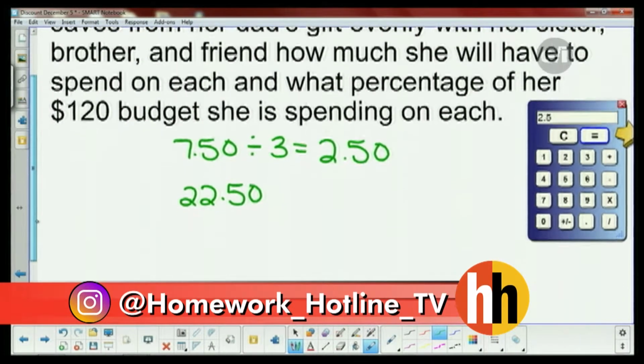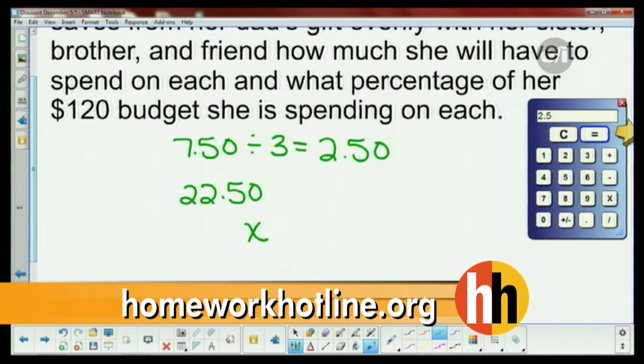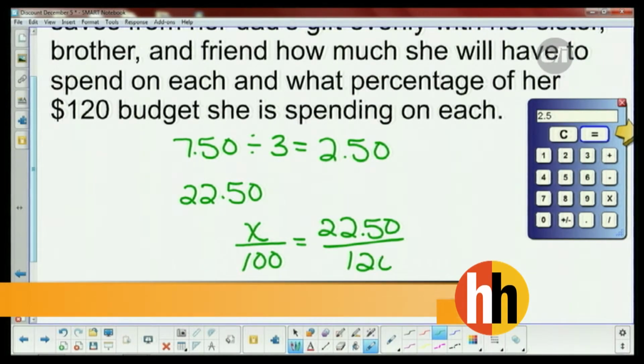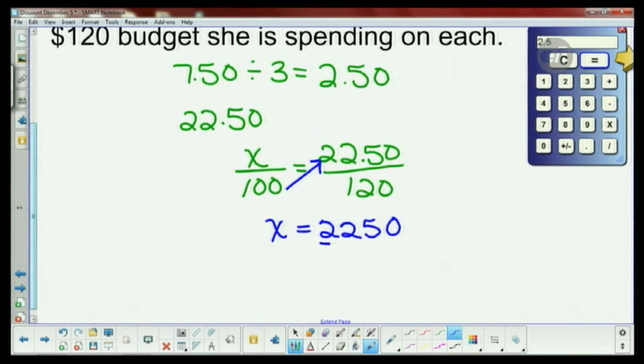So now, if we want to find out what percentage of the 120 she's spending on each, again, we're going to do x over 100 is equal to $22.50 over 120. You cross multiply here, so you have x is equal to 2,250 over a denominator of 120.